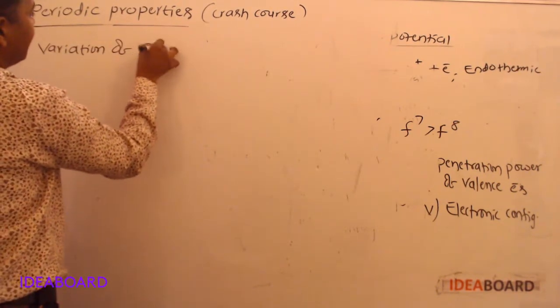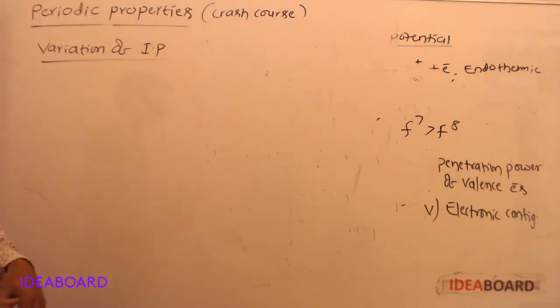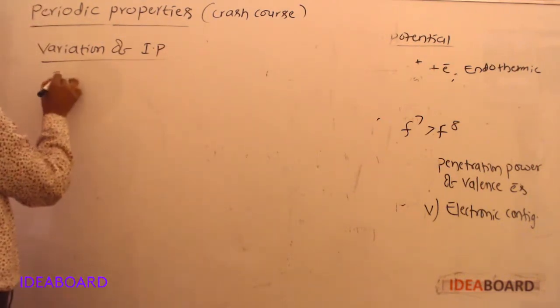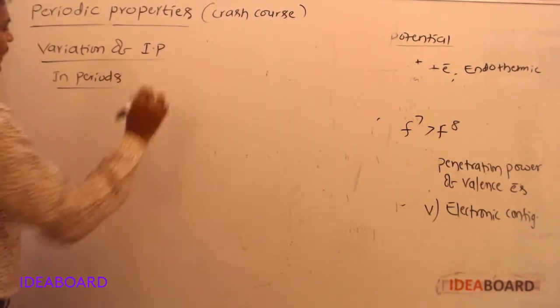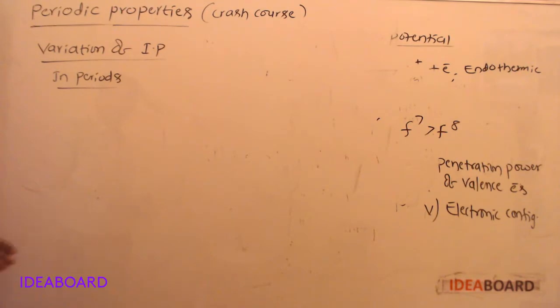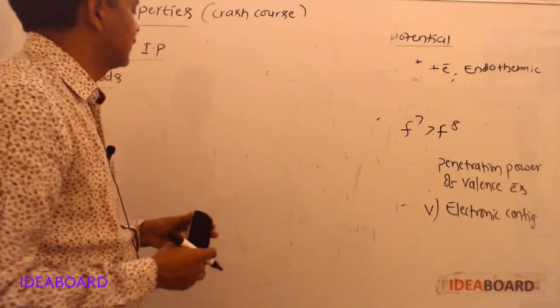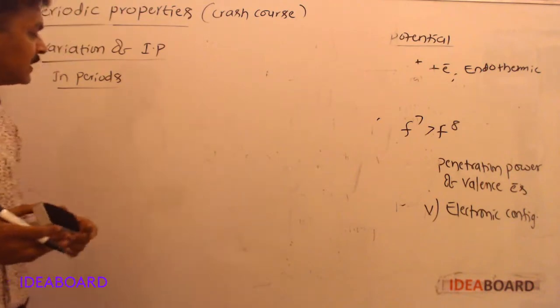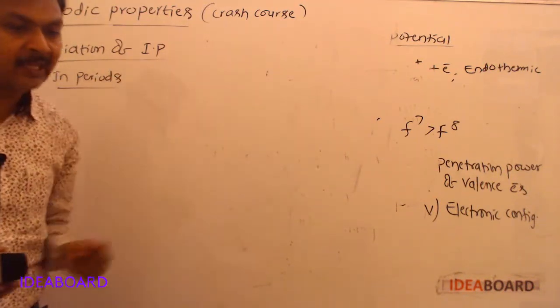Next, variation of IP in periods and groups. First, in periods. As we move from left to right, atomic radius decreases. As atomic radius decreases, the nucleus force of attraction on valence electrons increases.